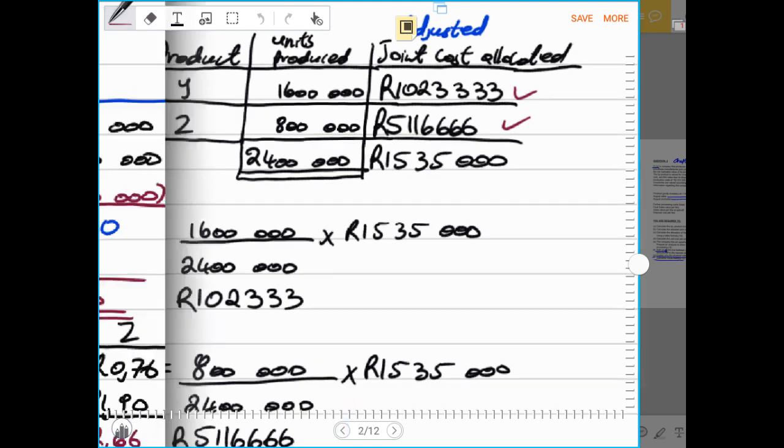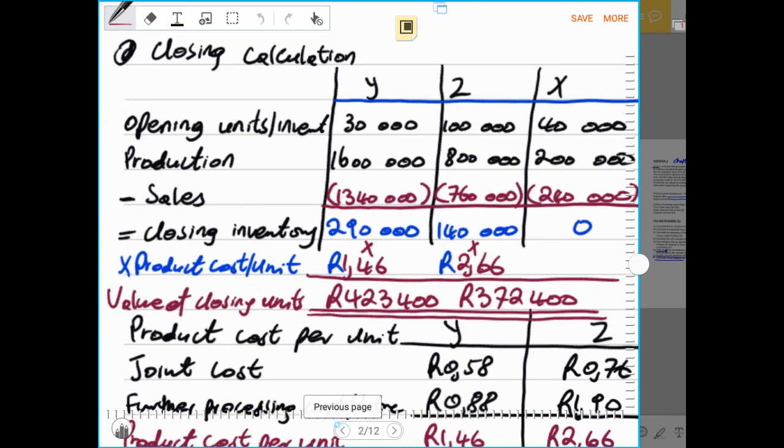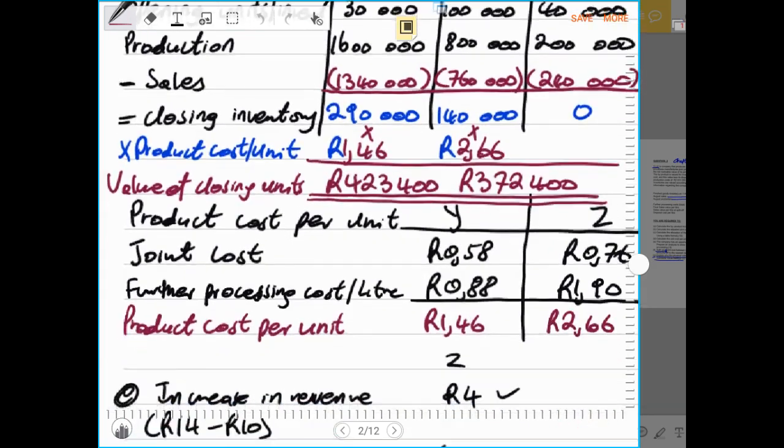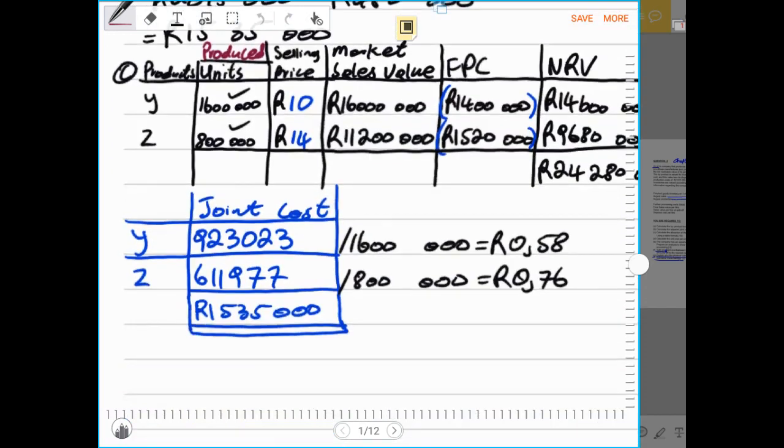If you look at the joint cost allocated for product Y, it is 1,023,333, and for product Z it is 511,666. But if we look at the joint costs that were allocated for product Y when we use net, it was 923,023 and 611,977.